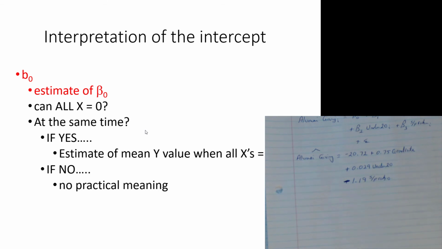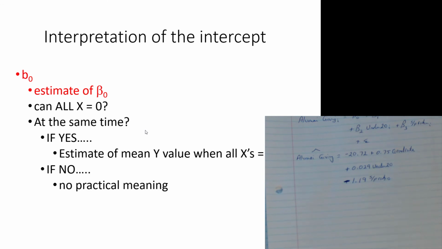Let's look at it. Could the grad rate be 0? Nobody graduates from this institution. I guess theoretically that's possible. I don't know how long you'd last if you did it that way, but theoretically that's possible. Let's think about it.